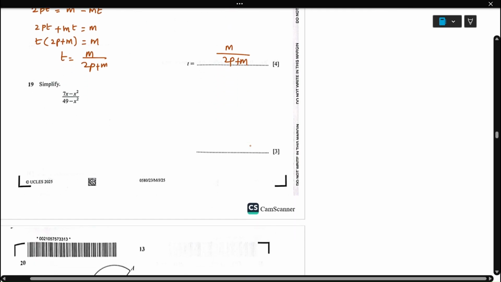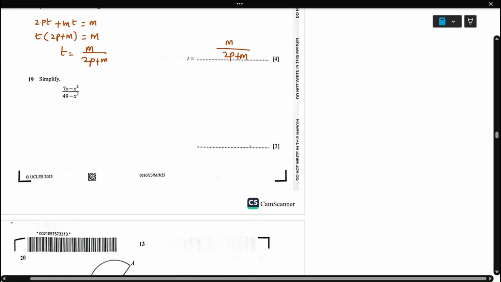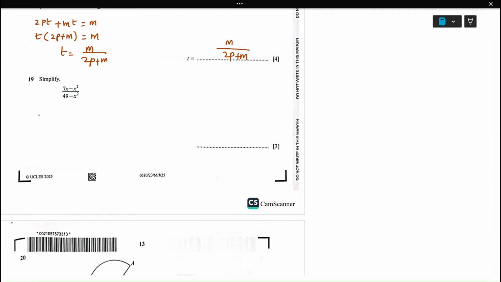The next question, question number 19, simplify 7x minus x squared over 49 minus x squared. In the numerator, when we factorize, I'll bring x outside, so 7 minus x is left. The denominator, I'll factorize separately, 49 minus x squared.